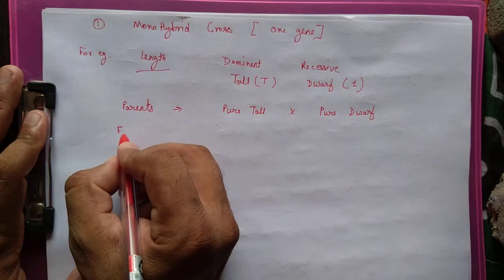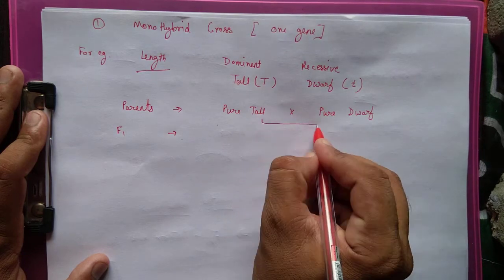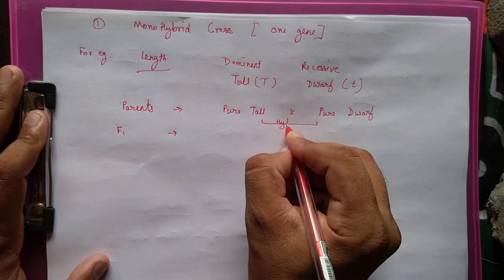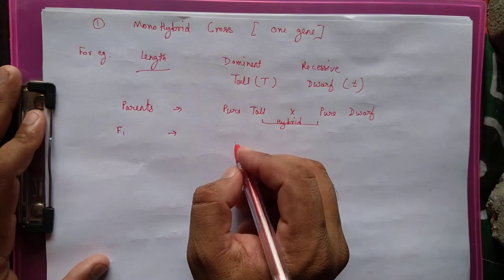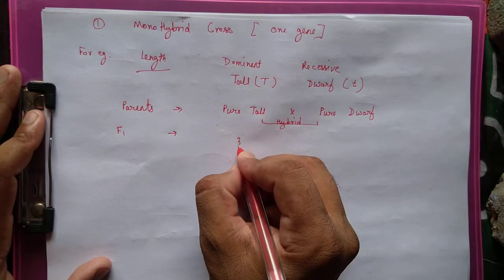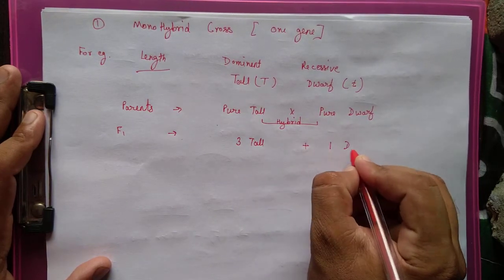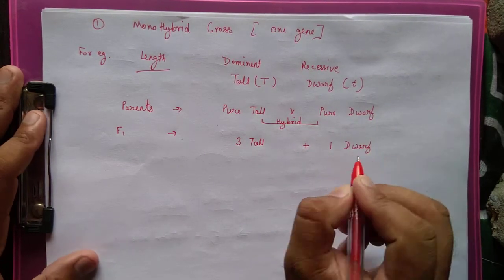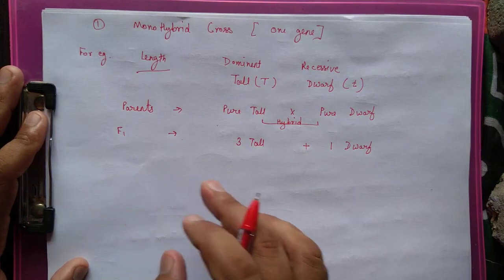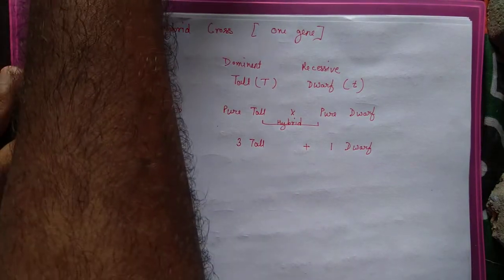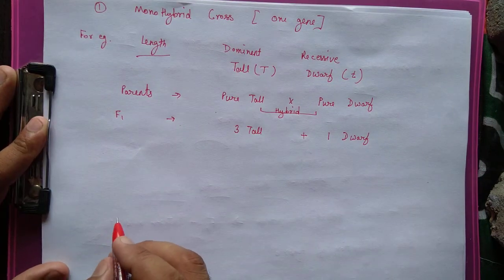So the F1 generation which comes here is the hybrid. Here he found that 3 tall and 1 dwarf.